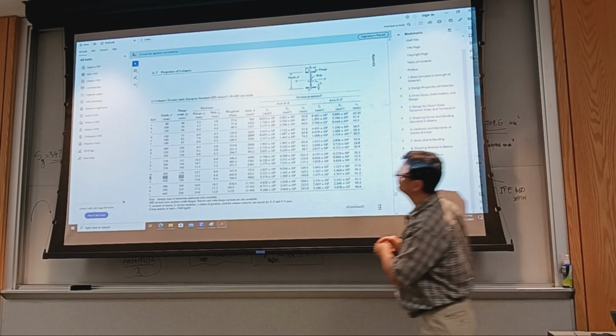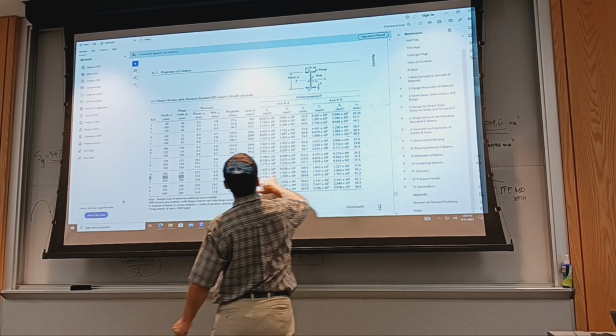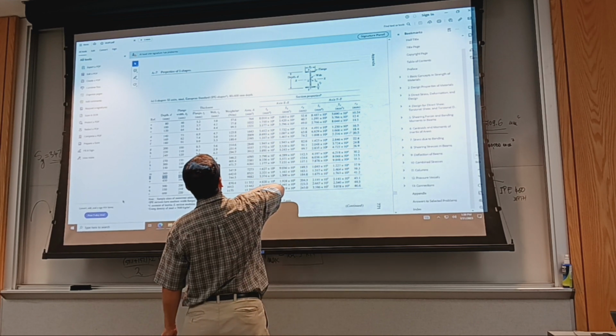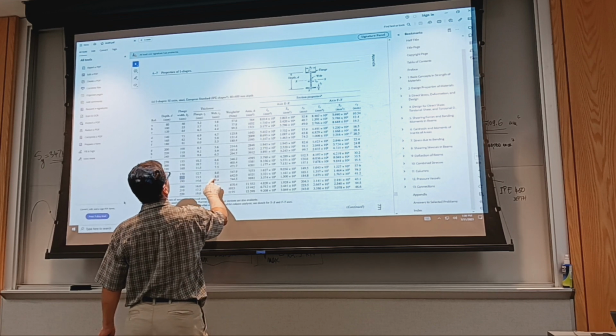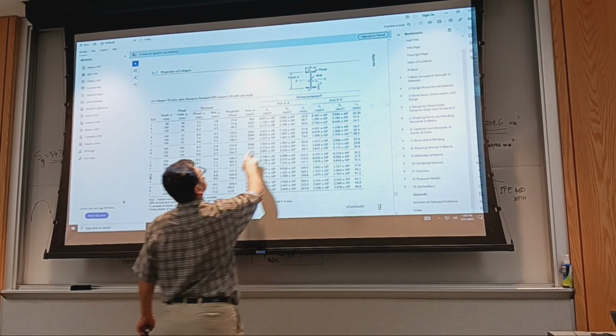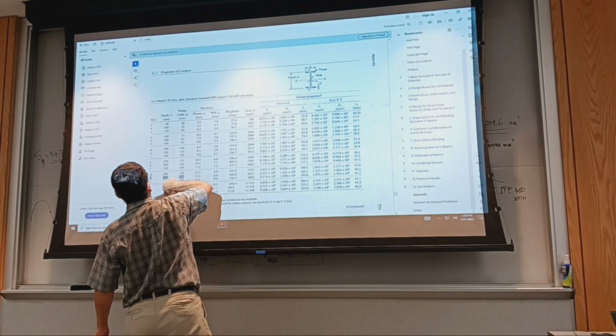I'm going to need more values from this table for the second part of the problem, because we need to utilize web thickness, and depth D is part of it, it's this one.